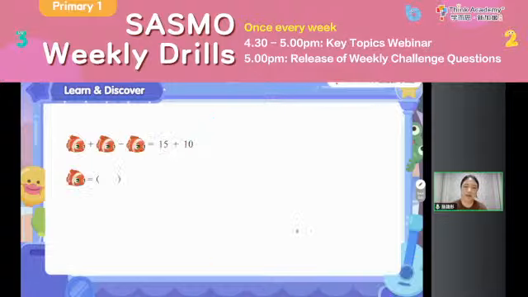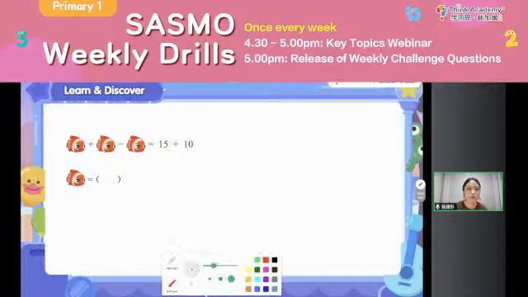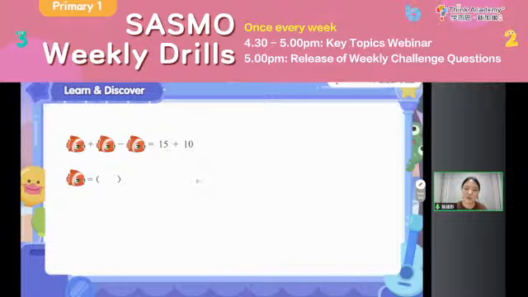Okay, and then let's move on. How about this? We also need to simplify it, right? So we see 1 fish plus another fish minus 1 fish equals 25. Just now we said that we calculate what we know already, so we can calculate 15 plus 10. That will be 25, right? As for the left part, it is really confusing. If we get a fish and then plus 1 minus 1, it equals 25.